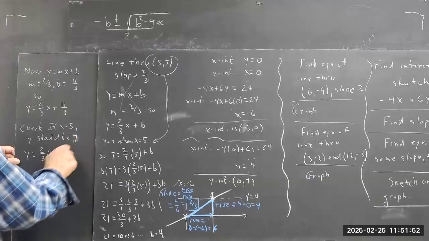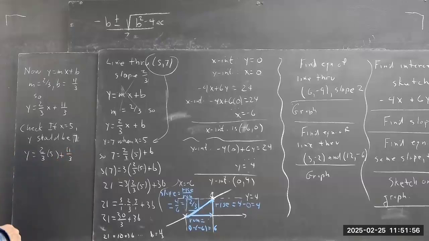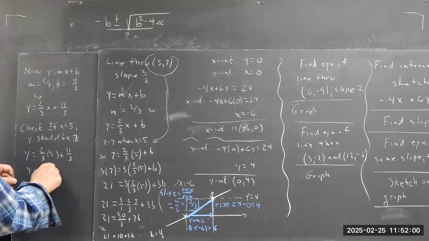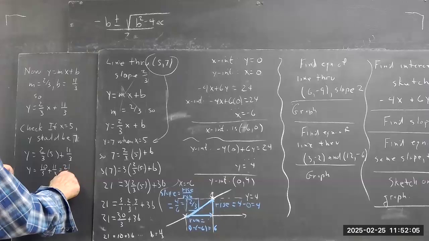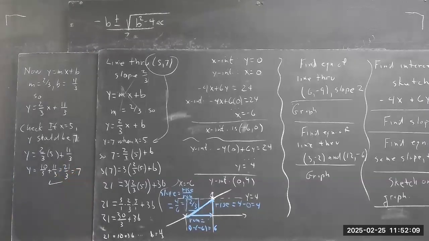Y should equal 7. Well, you multiply that out, you get y equals 10/3 plus 11/3, which is 21/3, which is 7. Boom. So I actually did it right.